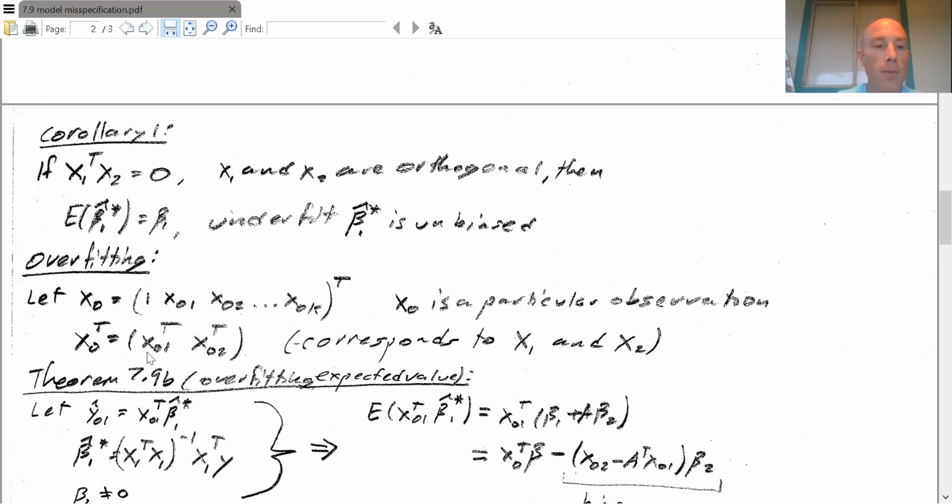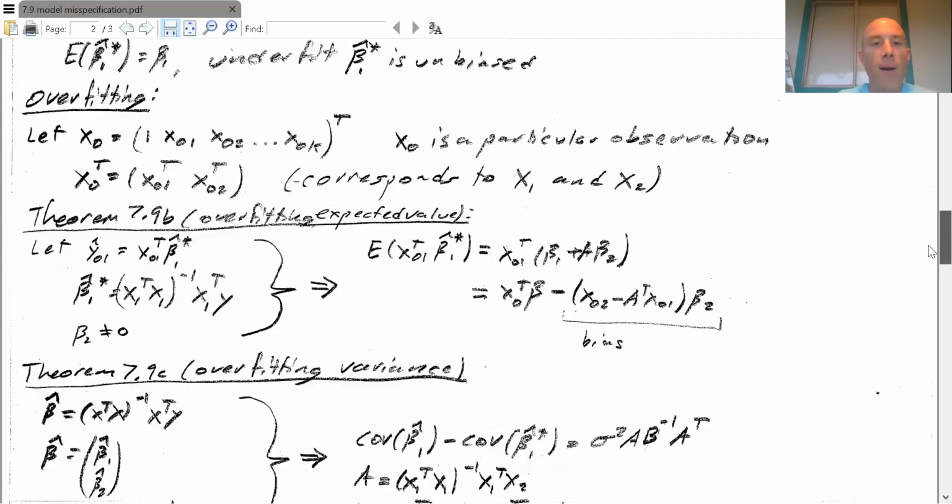And they say that vector x01 corresponds to the x1 matrix, and then vector x02 corresponds to the x2 matrix. So this way they group up the variables that we have, the ones that we include in the model and the ones that we shouldn't have included in the model.